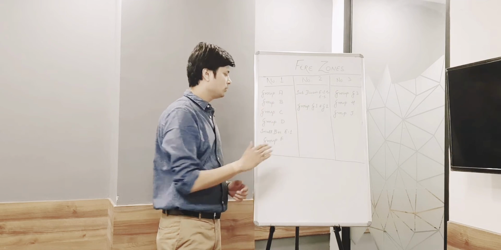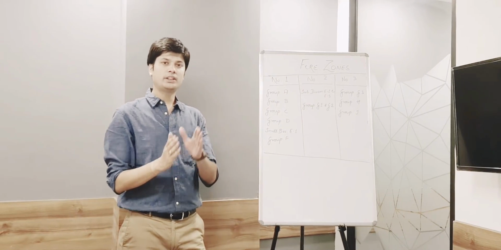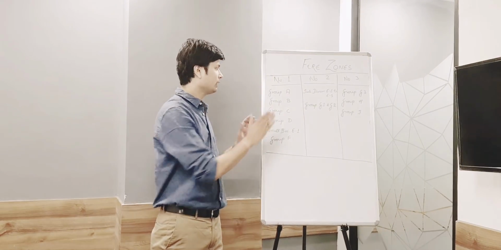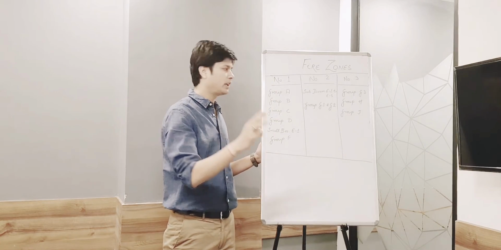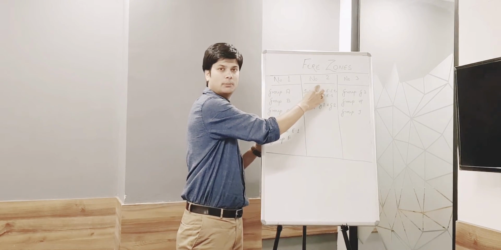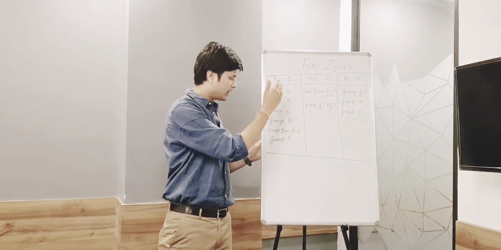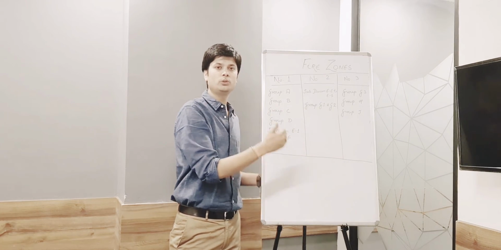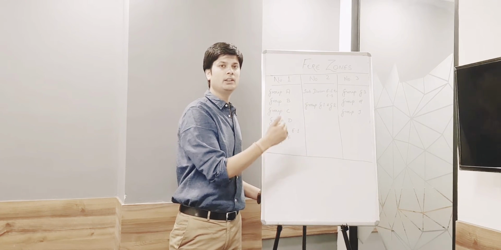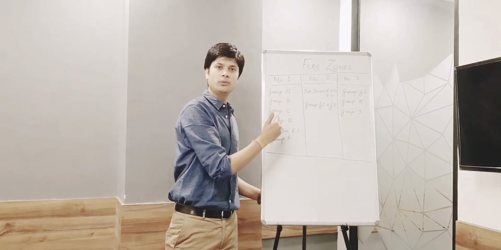So fire zones based on different types of occupancies, there are basically 3 types of fire zones. Number 1, number 2, number 3. I have made a tabular format for you to easily understand what category falls under what type of fire zone.